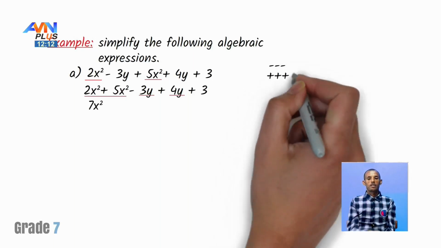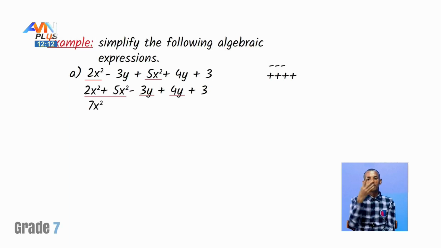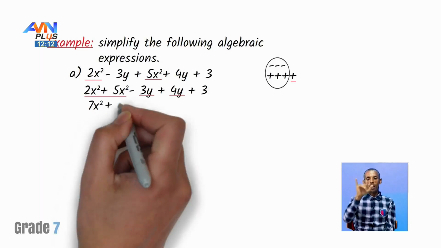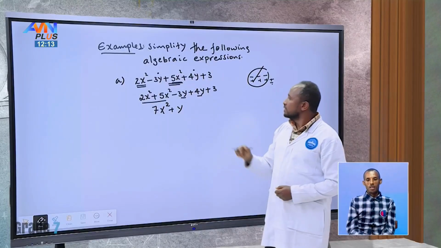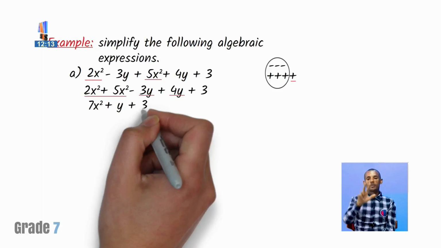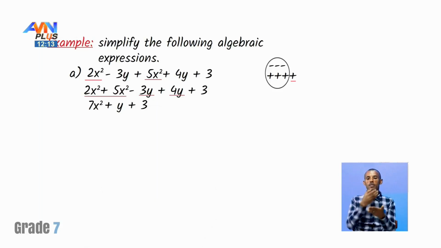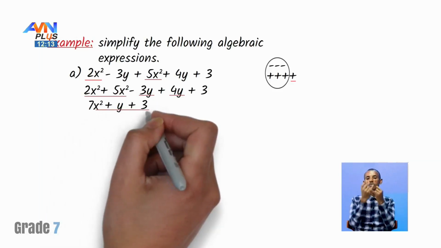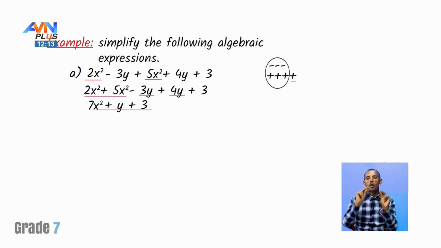These cancel out, and you have only 1 positive. Therefore, minus 3y plus 4y is positive 1y, simply y. And again you have positive 3. This is the final simplified answer because there is no like term here, so you leave it as it is.